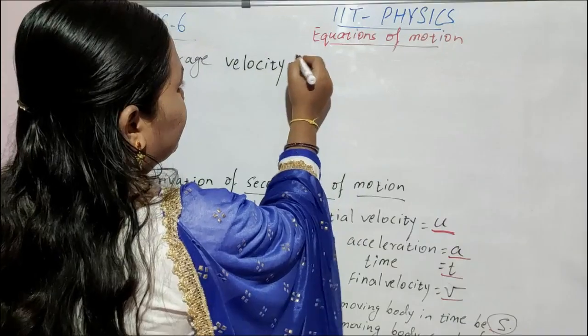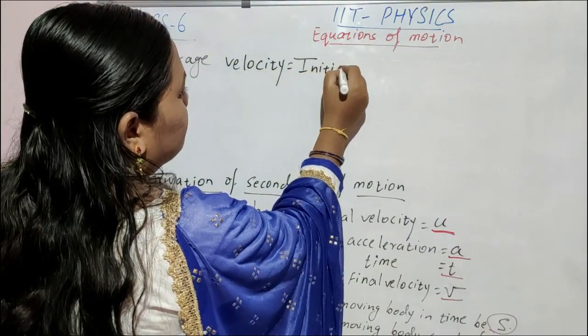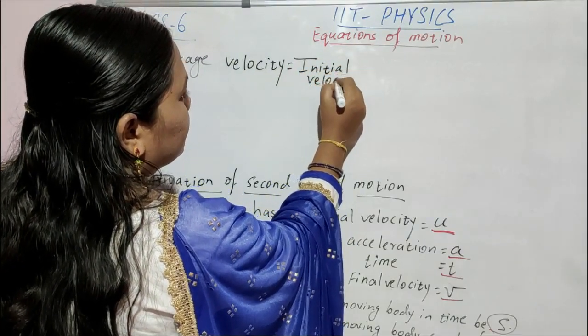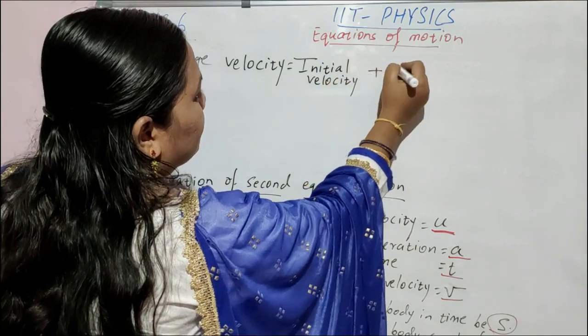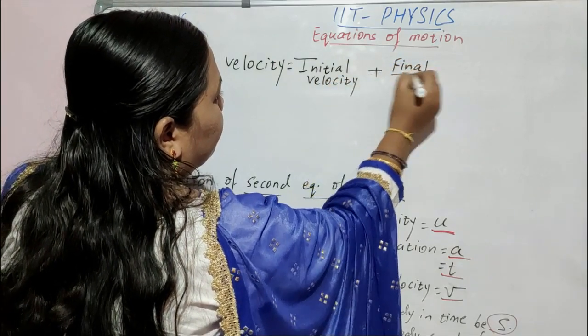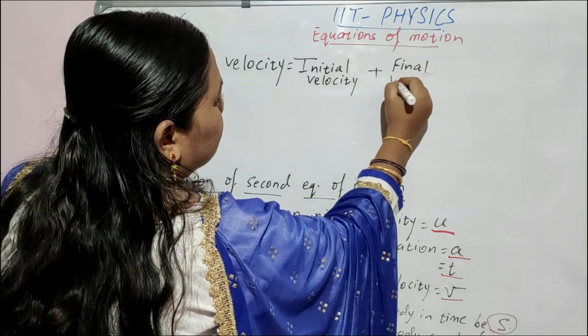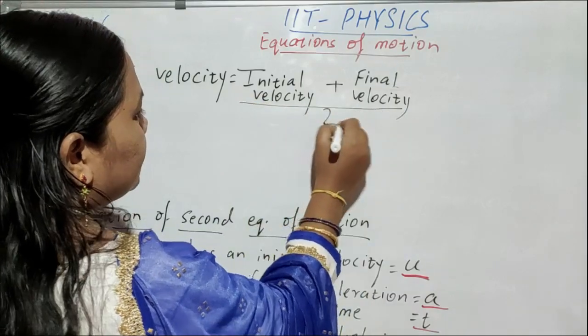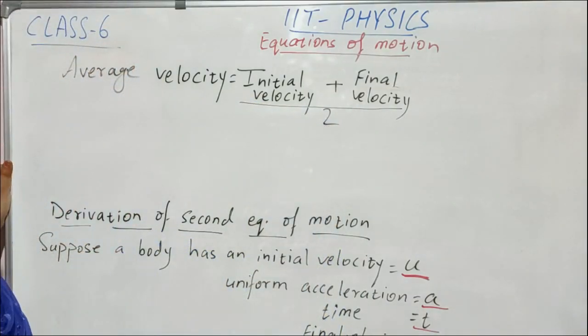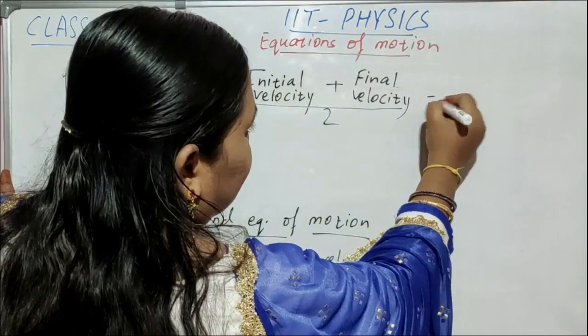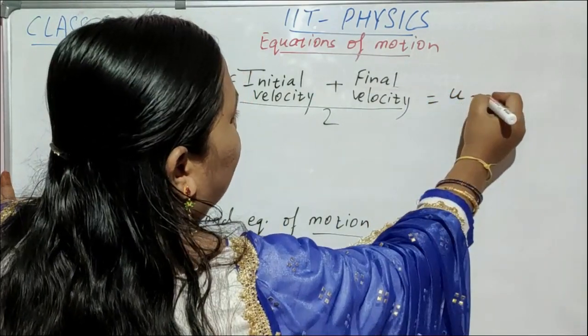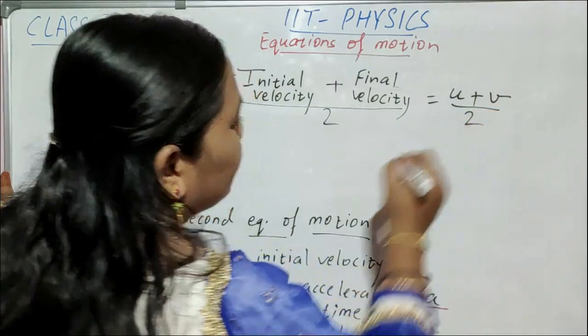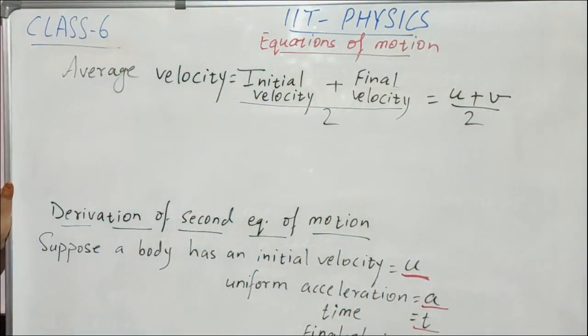Initial velocity plus final velocity, whole divided by 2. Average velocity is equal to initial velocity u plus final velocity v, by 2. Average velocity is equal to initial velocity plus final velocity whole divided by 2.